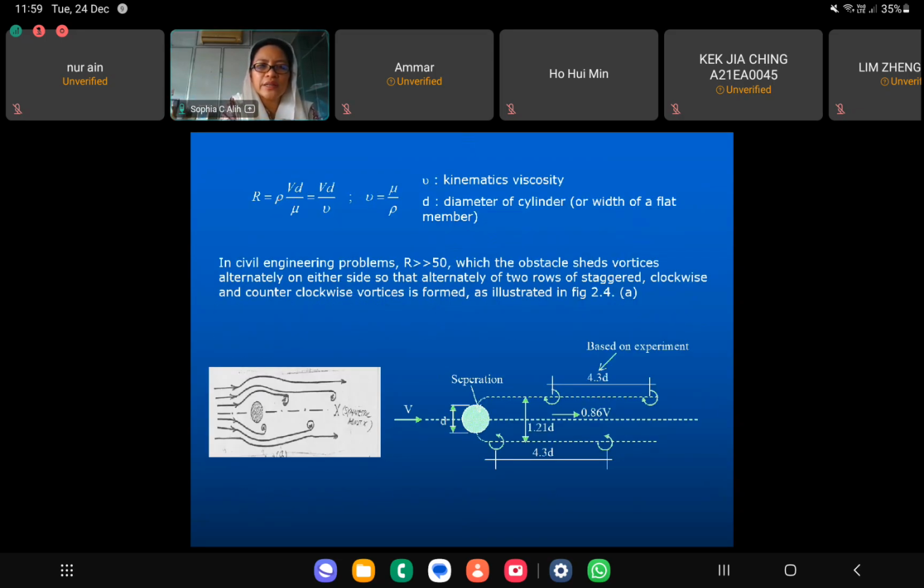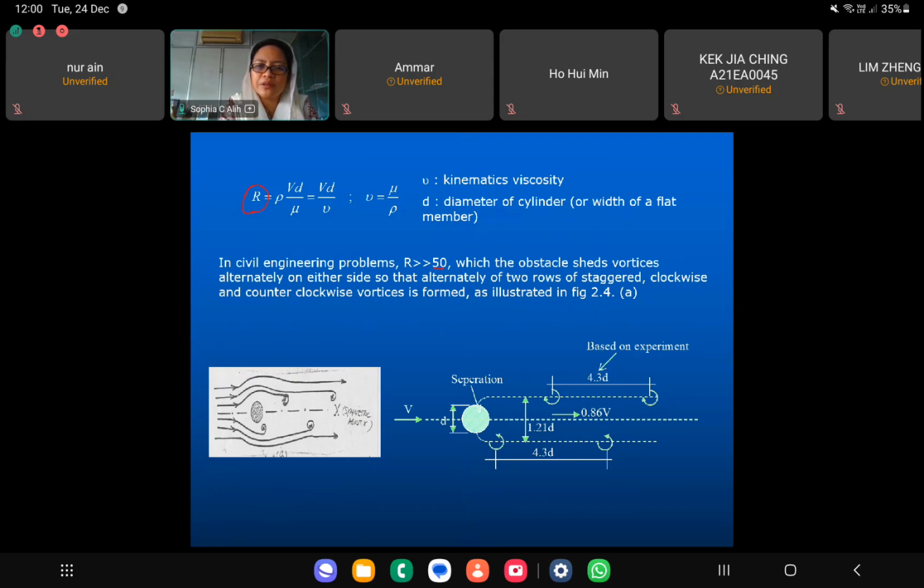It is actually density times velocity times the diameter, divided by the viscosity. If you design and check that the Reynolds number is greater than 50, it gives you the possibility of vortex excitation on the structure itself.